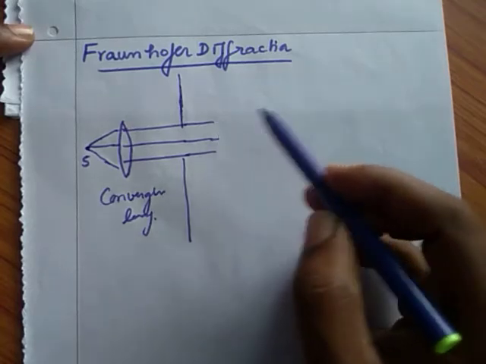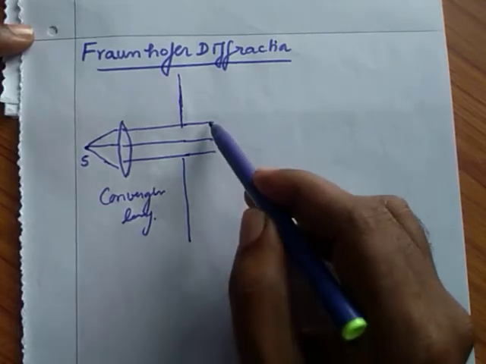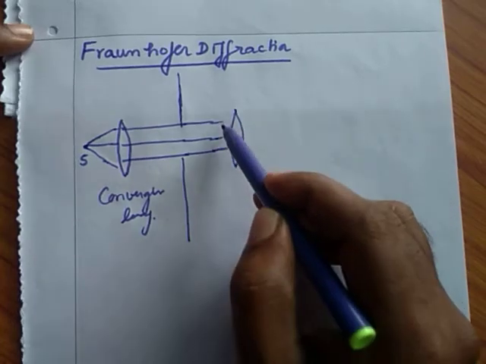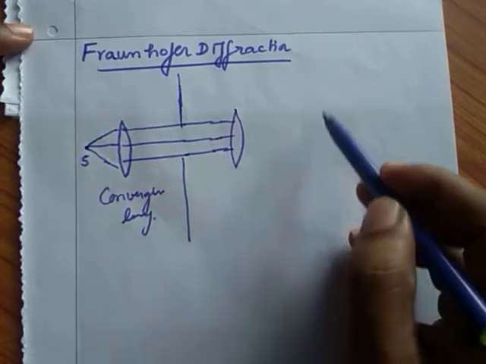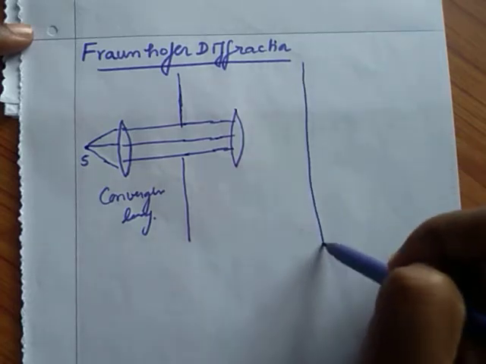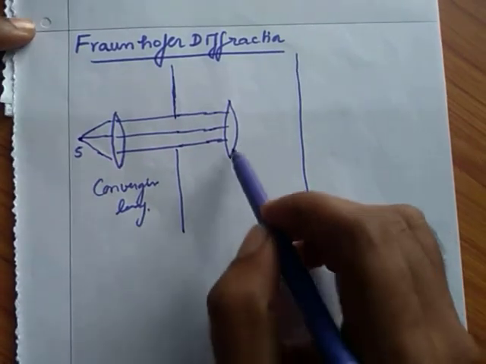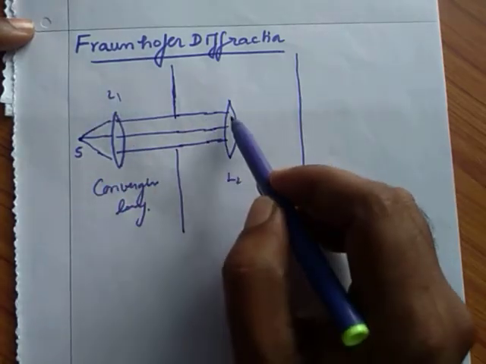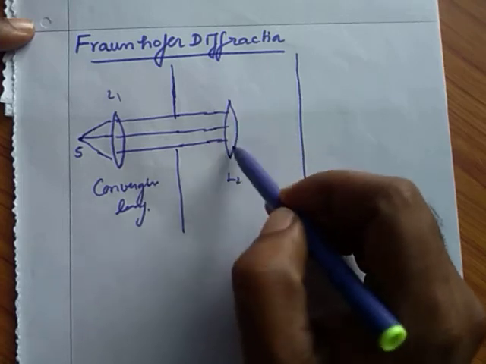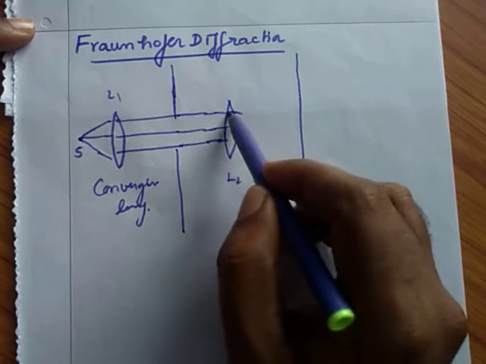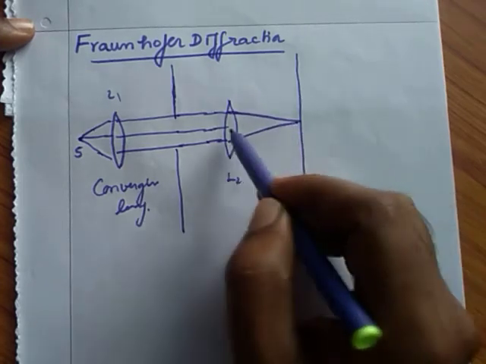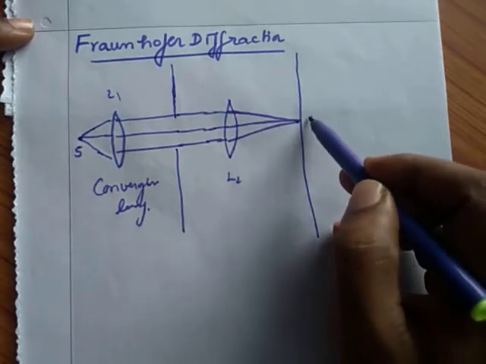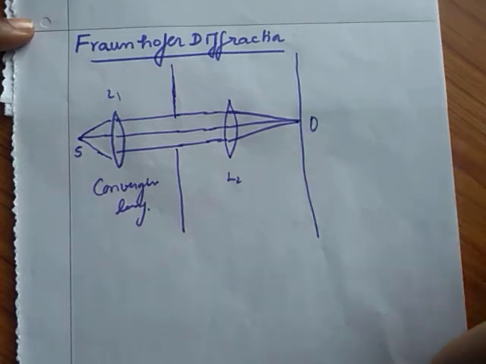In order to combine these waves, I am placing one more converging lens, and then a screen at the focus of lens 2. This is lens 1. We know the parallel rays coming towards the lens, after emerging, will meet at a point that is the focus of the lens. Here we get a bright band or bright fringes.